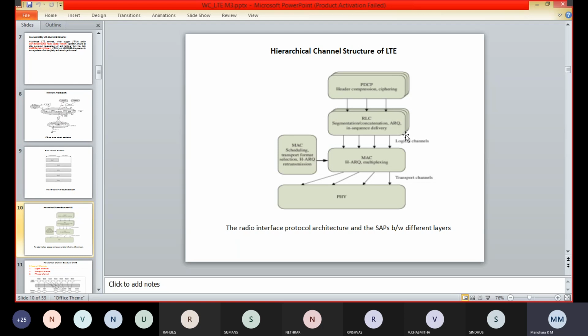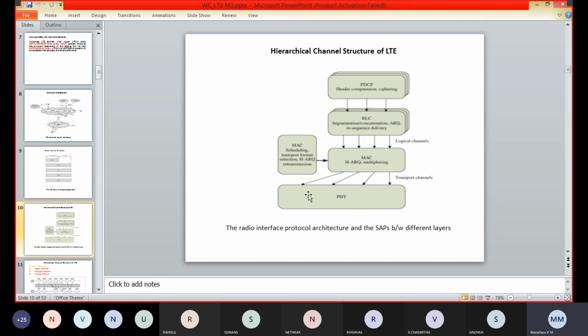While the transport channel provides the services at the service access point between the MAC layer and the physical layer.